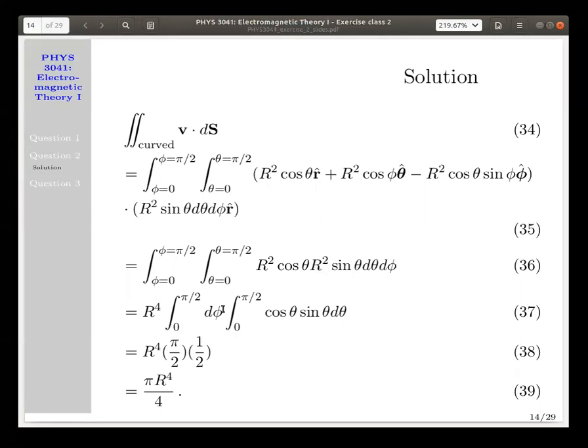We can do the integration separately on each variable. The phi part gives you pi over 2, and the theta part gives you 1/2. Then you get pi R to the power 4 over 4.